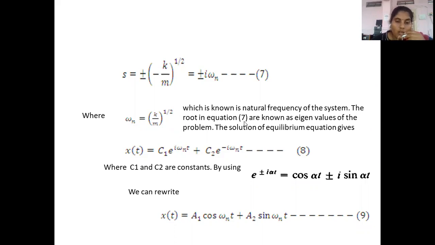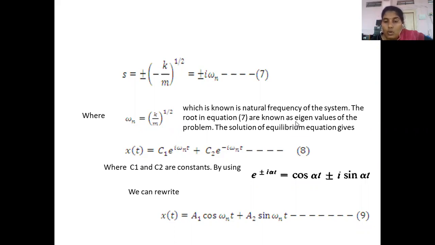The roots in equation 7 are known as eigenvalues of the problem.